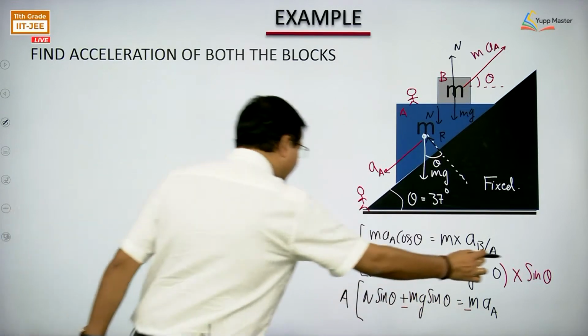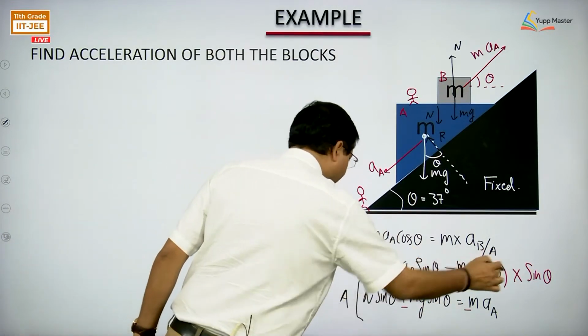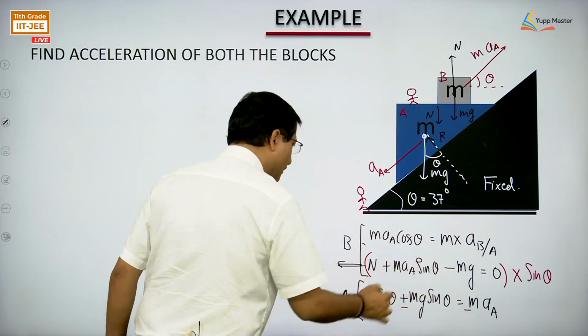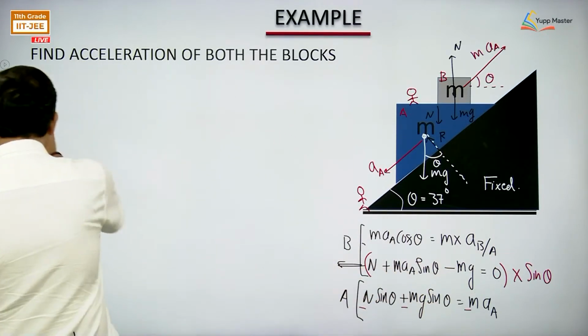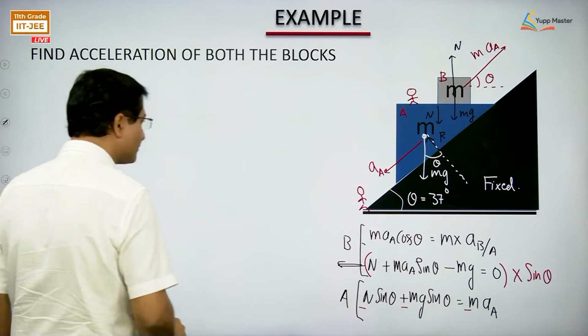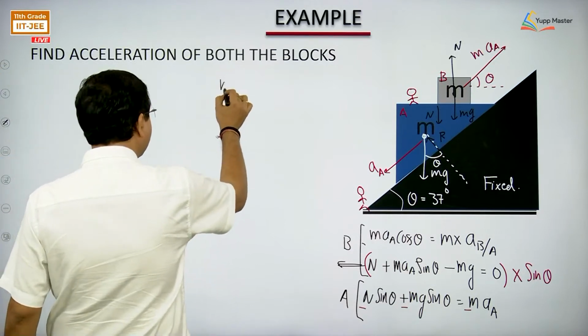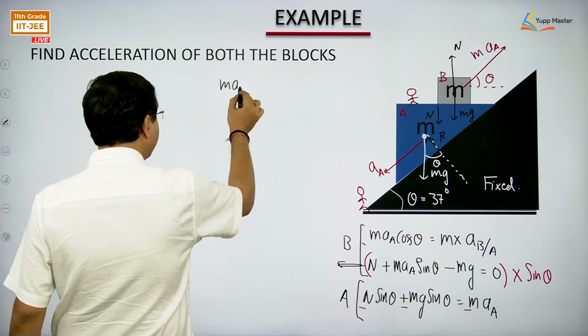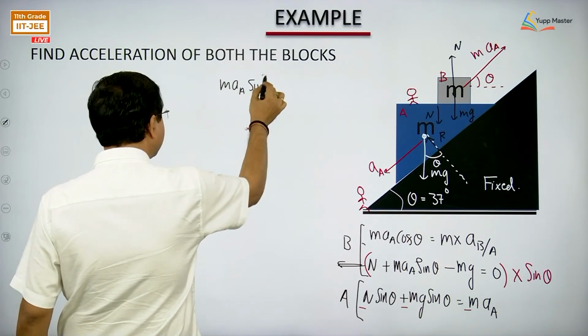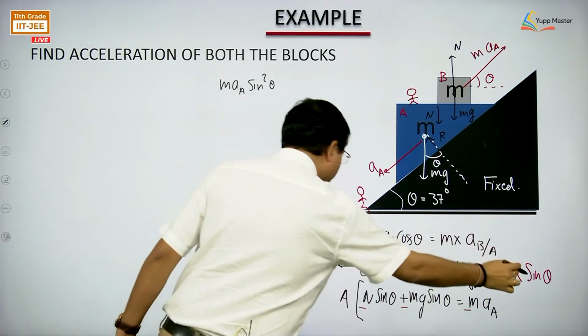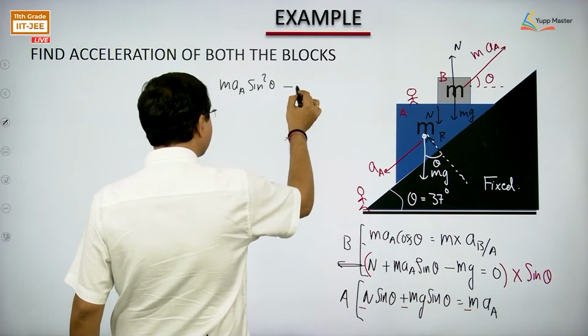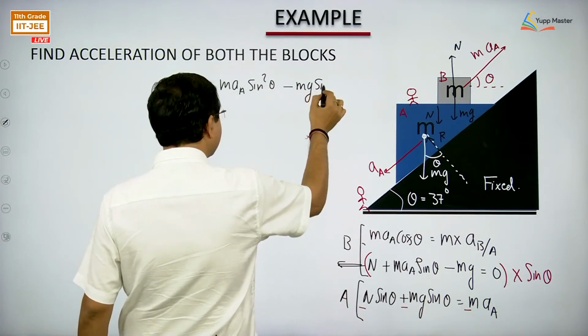This n sin theta and this n sin theta will get cancelled out, right? And see what we have. I can see m a sin square theta as the first term, then minus mg sin theta.